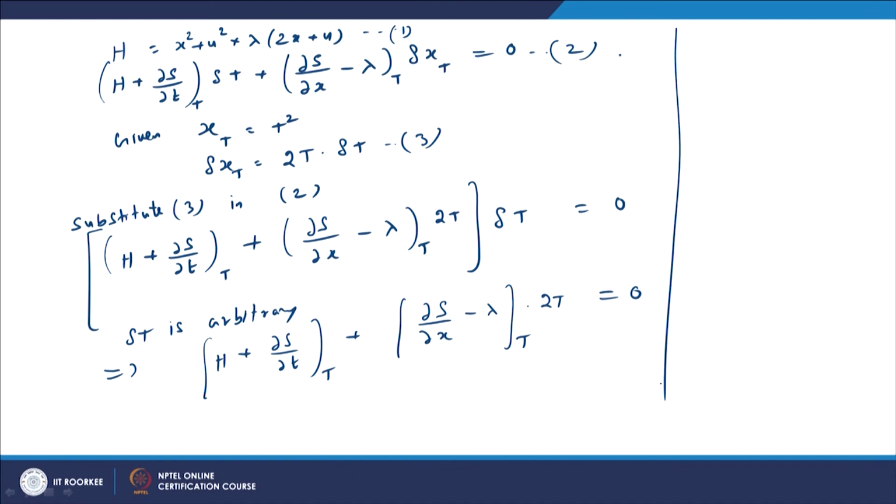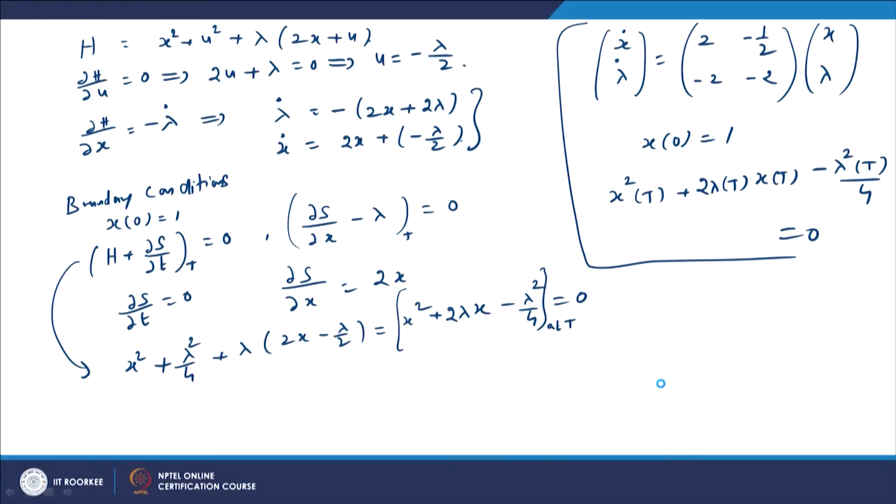So, the equation will be the same, because the expressions are the same, whatever we derived in the last problem. x dot and lambda dot are given by the dynamical system, this one, where the matrix A is here.